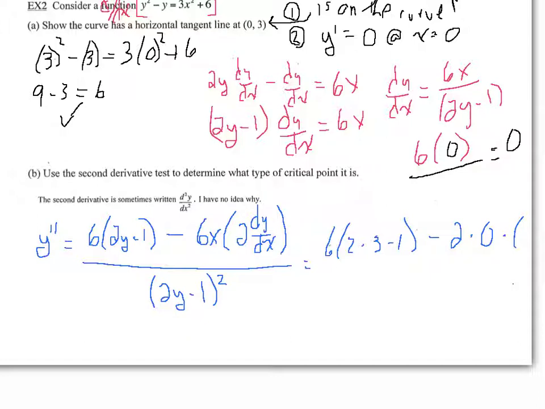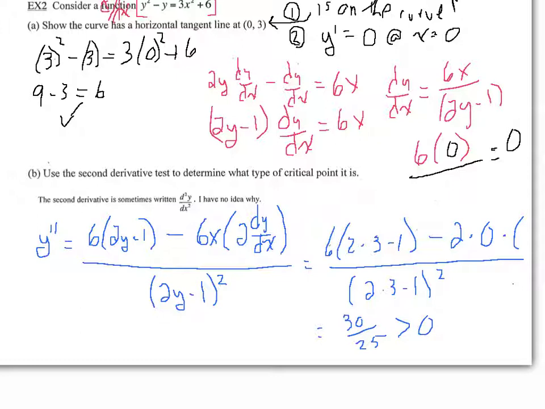I already know that this term is going to be 0, so I can stop calculating that and just worry about the denominator, which is going to be 2 times 3 minus 1, that whole thing squared. When we evaluate this, we get 12 over 25, which is greater than 0.